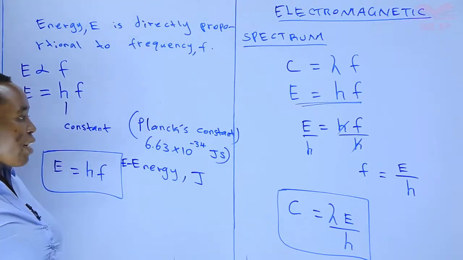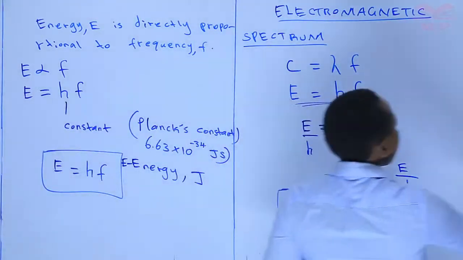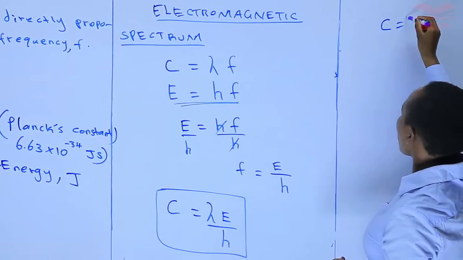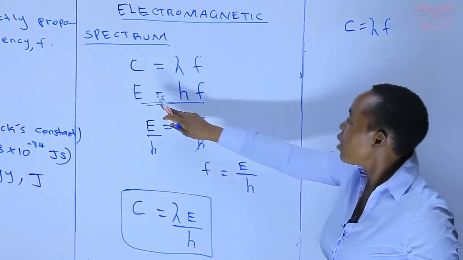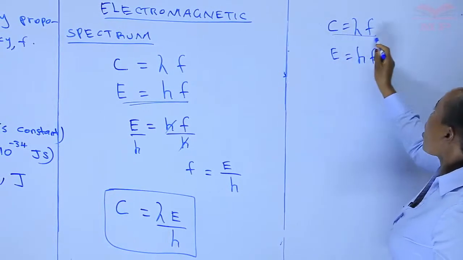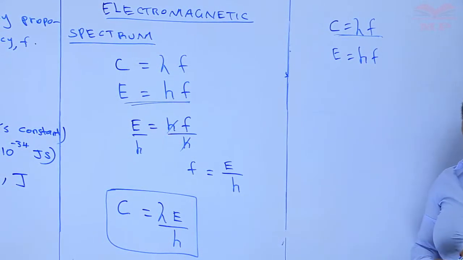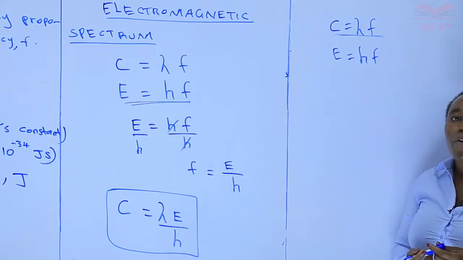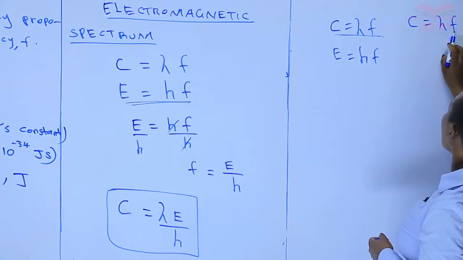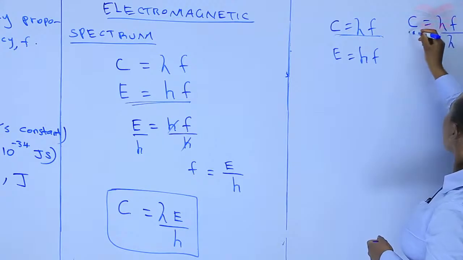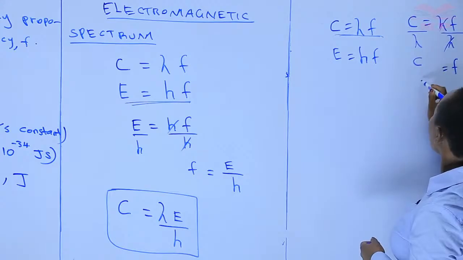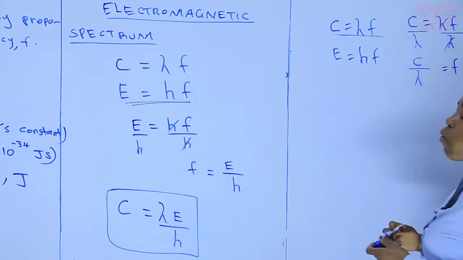And finally, we can derive another one from this, whereby our speed is equal to wavelength multiplied by frequency. We also have that energy is Planck's constant times frequency. Now, using the first equation, we can make frequency again the subject of the formula, whereby we have C equal to lambda F. So when we want to make F the subject, we divide both sides by lambda. So we end up getting that frequency is the speed of light divided by the wavelength.